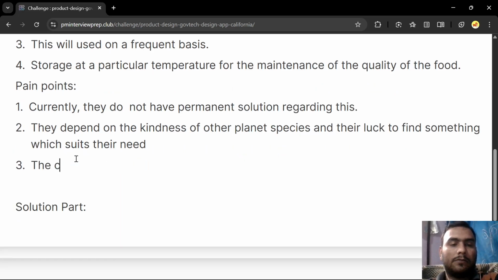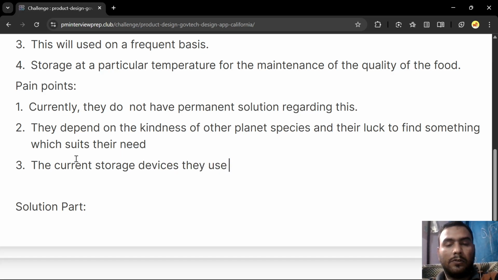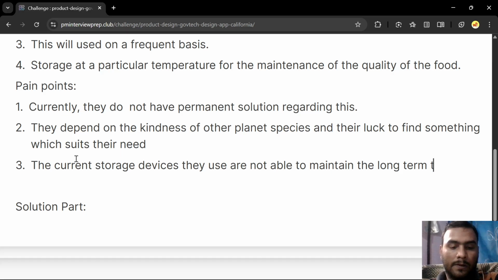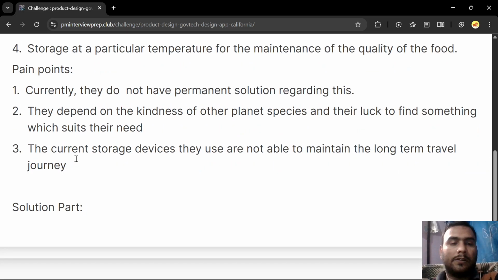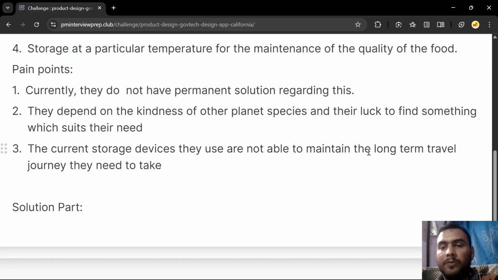Also, the current storage devices they use are not able to maintain the quality over the long-term travel journey they need to take.